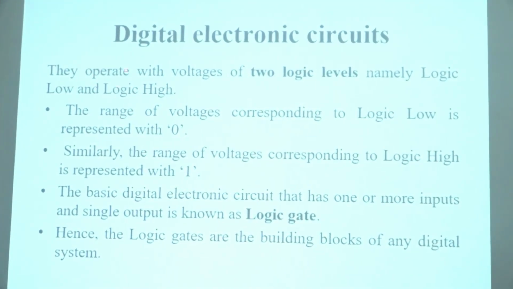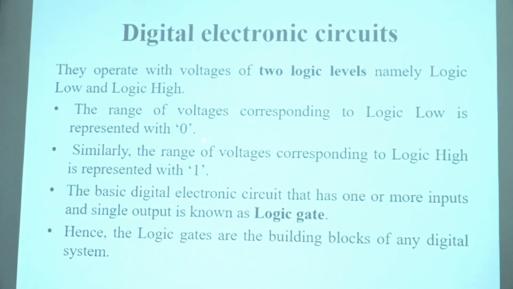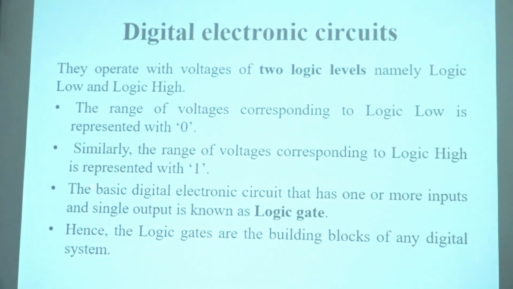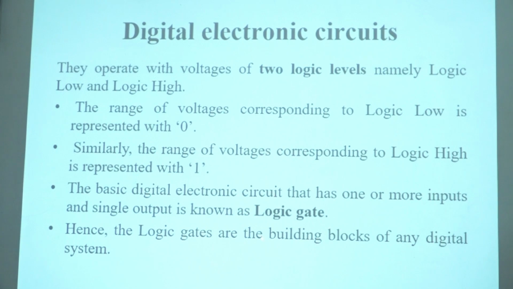Basically we call them logic low and logic high, or usually we represent them with 0 or 1. The basic digital electronic circuit has one or more inputs and gives you a single output, which is known as a logic gate. So a logic gate is the basic digital electronic circuit which accepts the input and produces the output.